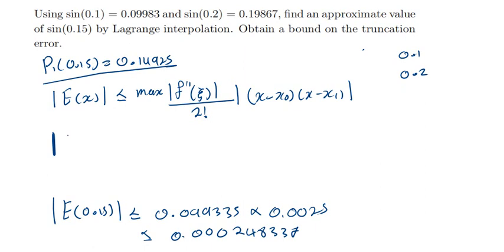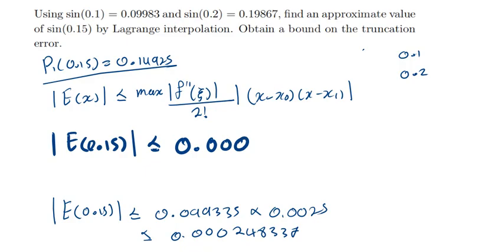Let me just write it as the error at 0.15, which is less than this. Let me write it the way it is instead of writing it as an exponent.